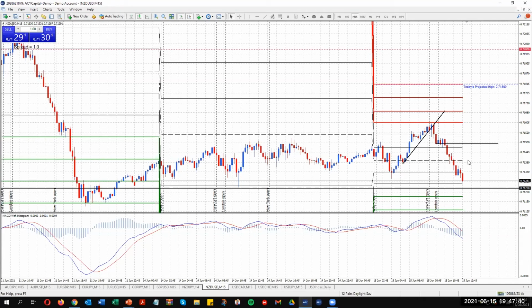But in any event, if you are going to set your target below a level of support, if you've got a good enough reason, and it has to be a good enough reason, I would make sure that by the time price gets to support, my trade would be in a position where I'm at break even. I've been able to move my stop loss down and get all the risk out of the trade.